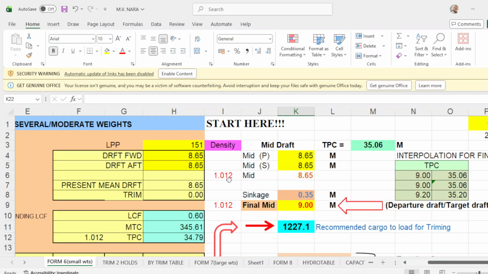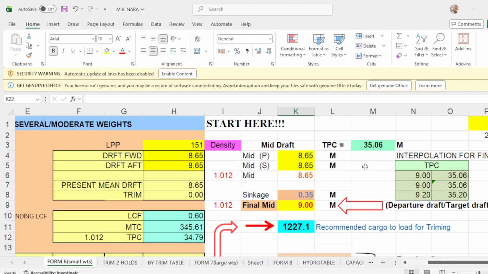So there's no point in changing the TPC, because at the final moment of your 9 meters, you are still loading in a 1.012. Now the TPC of 9 meters of 1.012 in the interpolation is 35.06.